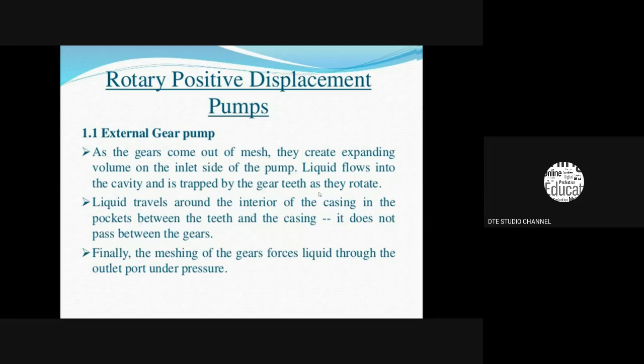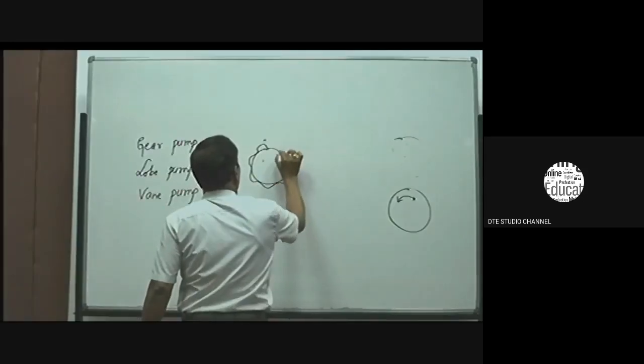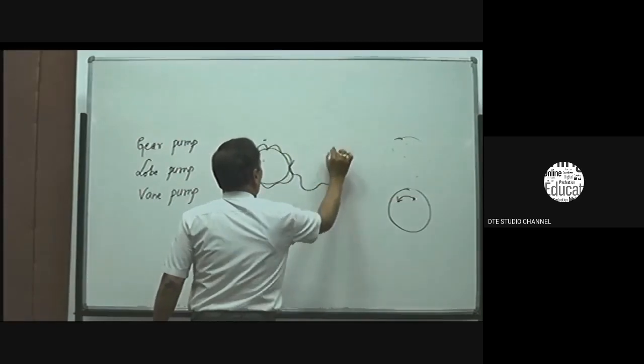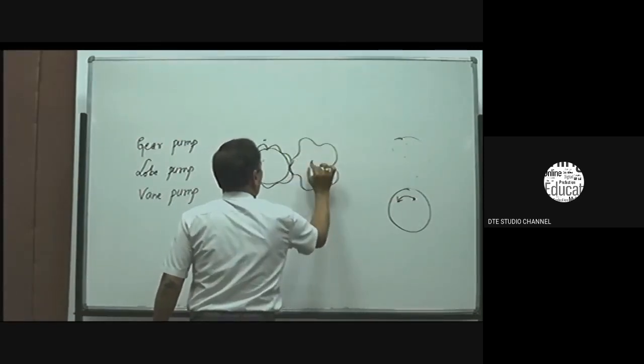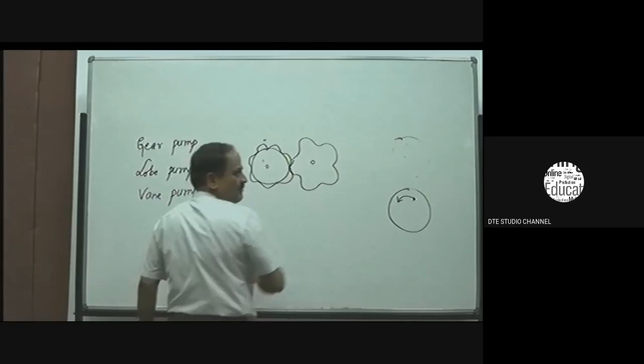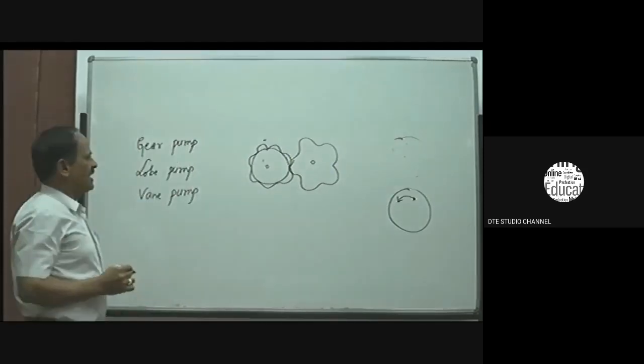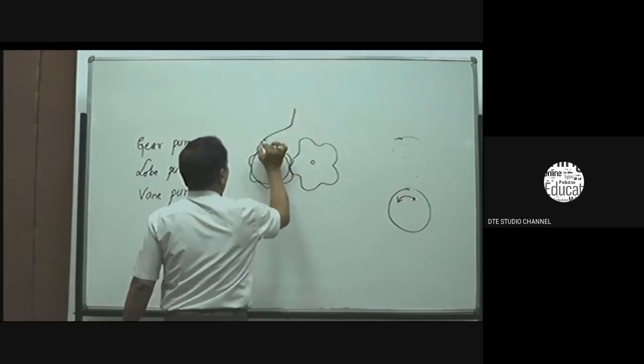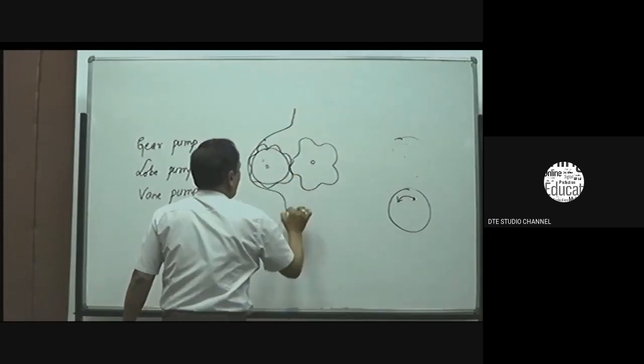The driving gear is having number of teeth on its periphery, and driven gear is also having number of teeth on its periphery. The number of teeth on both the gears must be equal, and there is no spacing between the teeth and the casing.